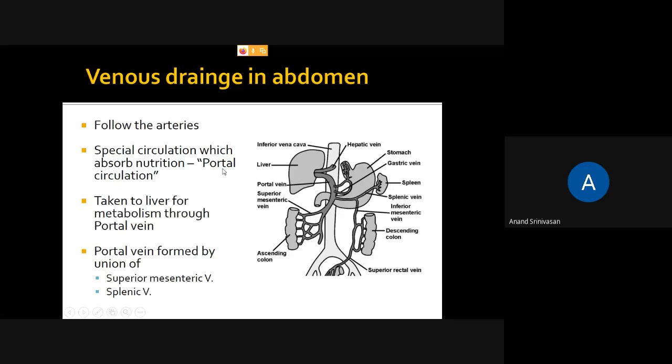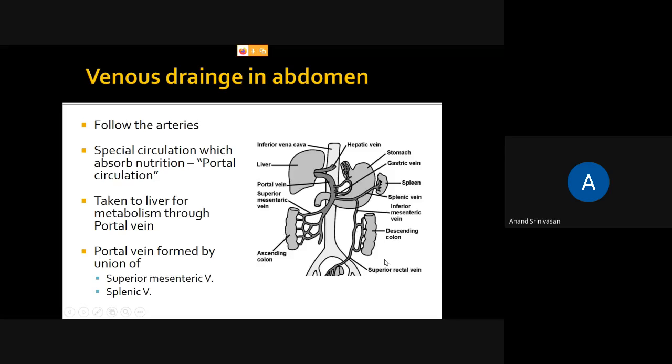Because it ports, like it takes the absorbed food from the small intestines and enters into the liver. The stomach action is to digest, to make the food into small particles, and in the small intestine the food is absorbed.